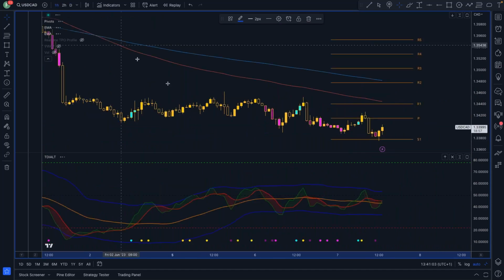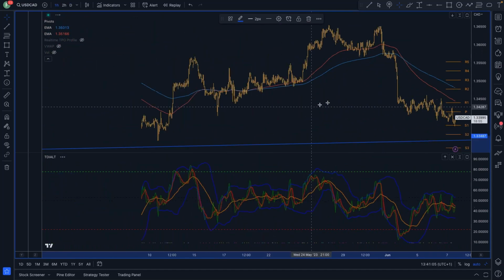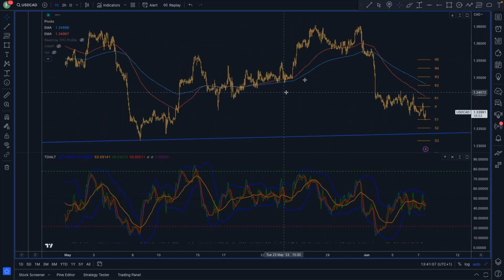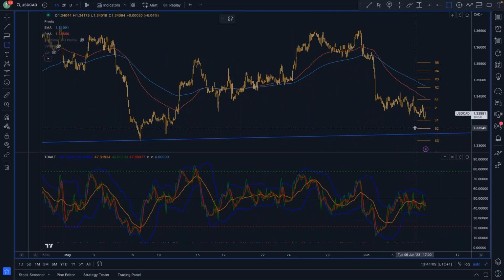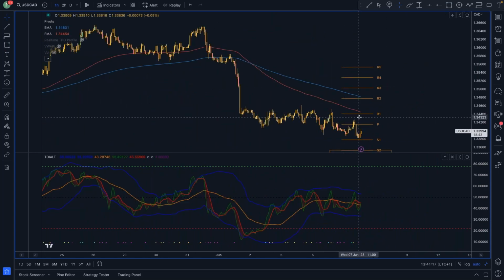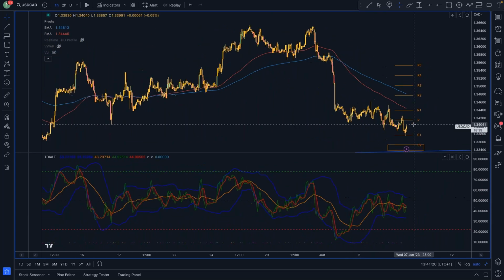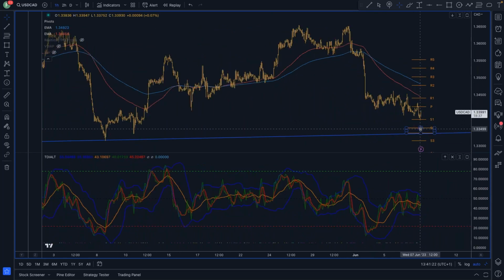And you've got the S2 level just sitting above that key trend line support. So that tells me that this region is a clear and obvious target if there's a situation where the Bank of Canada do hike interest rates by 25 basis points. You'd expect that to move us to that 133.50 area.